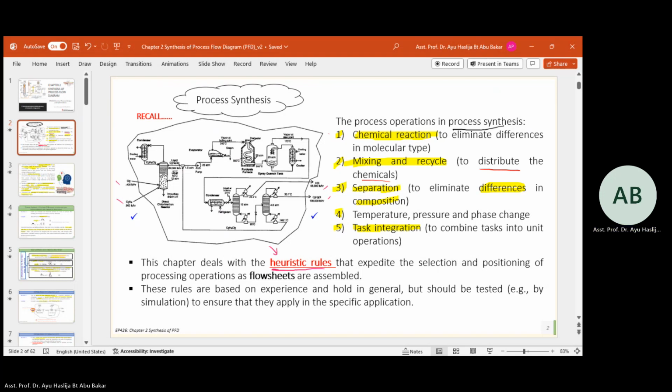Anyone? What is heuristic? Don't just look at me. I want answers from you all. What is heuristic?